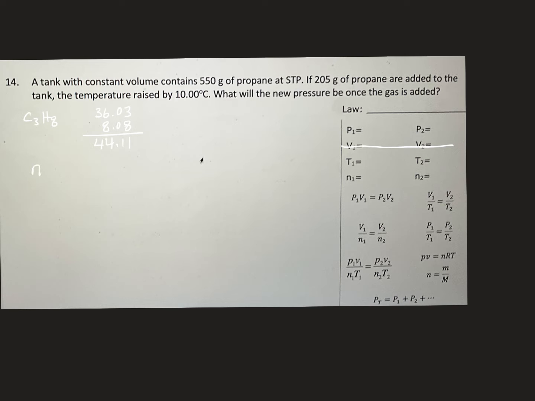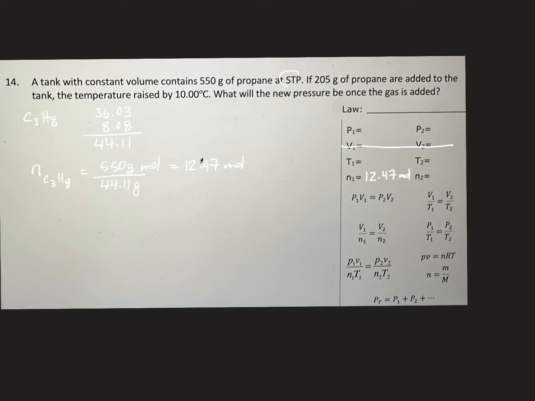So the moles of propane are going to be equal to the mass, which is 550 grams, divided by the molar mass, which is 44.11 grams per mole. Let me do that on the calculator. That gives us about 12.47 moles. Okay, so 12.47 moles.